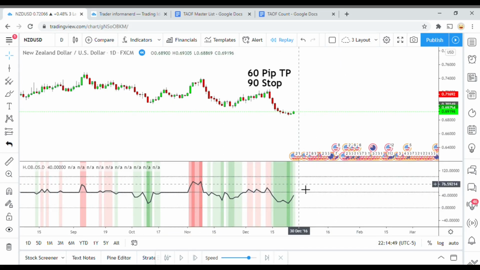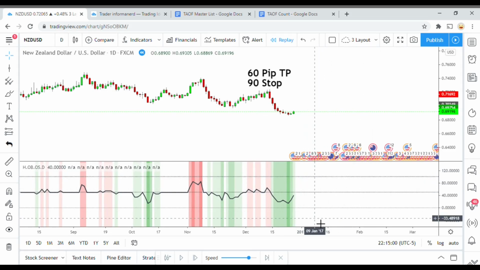You can see them here running horizontally across the screen. One up here at the top is marked at the 100 marker. One down here at the bottom of the screen is marked at the 0 marker. The one in the middle of the screen is marked at the 50 marker.